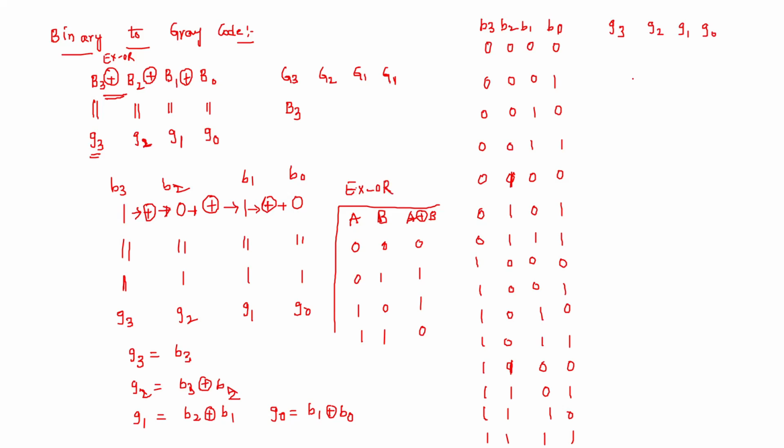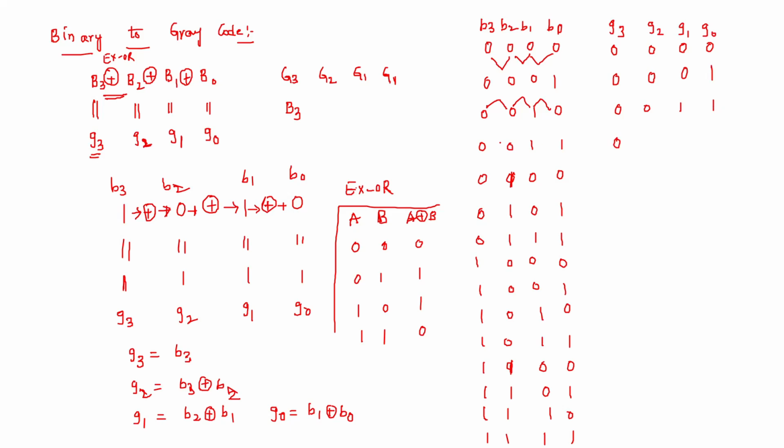Similarly, you can convert this. 0 stays 0 here, and then 0 XOR with 0 means again 0, and 0 XOR with 0 means again 0. Similarly, 0 XOR with 0 is 0, 0 XOR with 1 is 1. Then 0 XOR with 0 is 0, 0 XOR with 1 is 1, 1 XOR with 0 is 1.